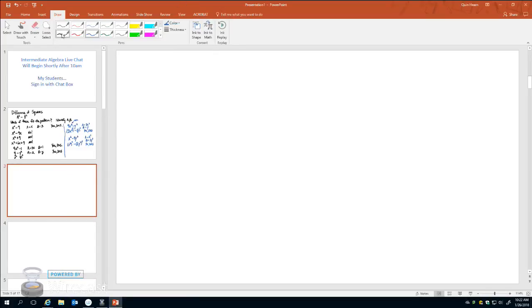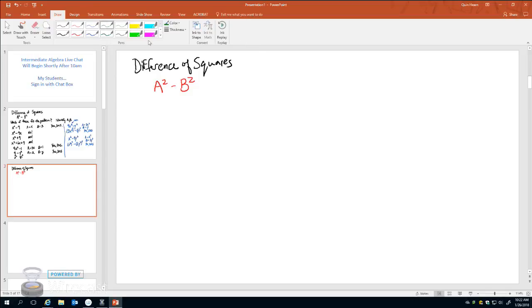Okay, so now let's talk about a difference and sum of cubes. We already said that a difference of squares is a special pattern that we need to be able to recognize, where you have something squared, like x squared minus y squared. But we always use A squared minus B squared just to represent the pattern.